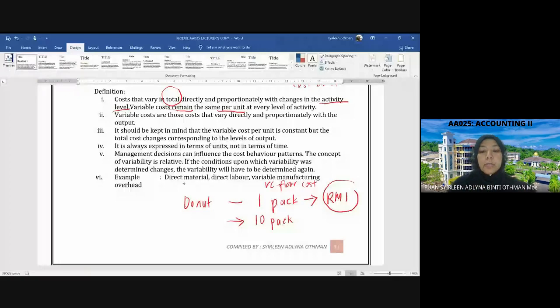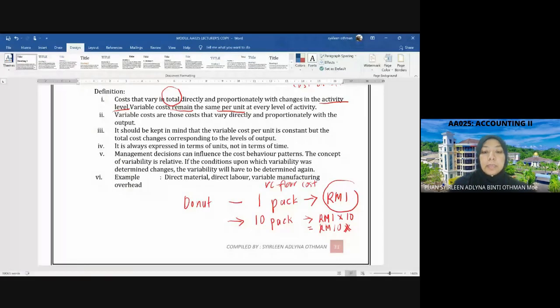So bila you keluarkan 10 pack, that means your variable cost in total akan jadi RM1 kali 10. So it is RM10. So now the variable cost ataupun the direct material for this donut is no longer RM1, tapi dia dah jadi RM10.